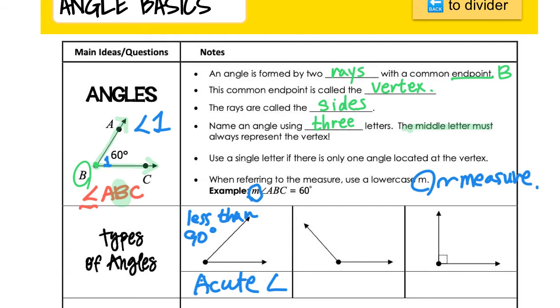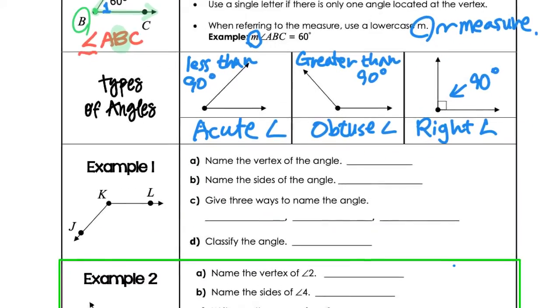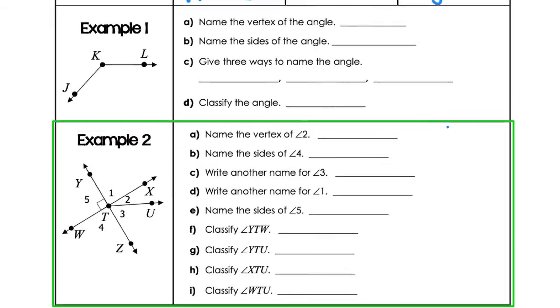And if you have greater than 90 degrees and less than 180, that is called obtuse. And if you have exactly 90 degrees, that is called right. That's right, right angle.